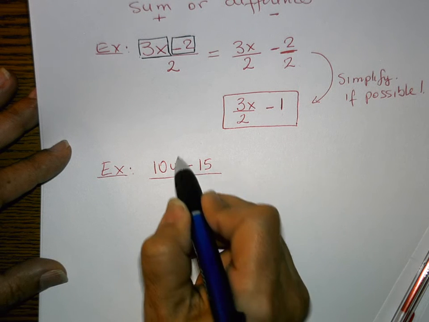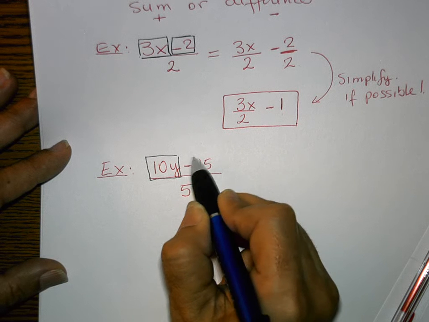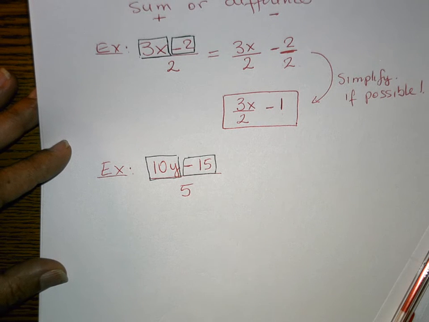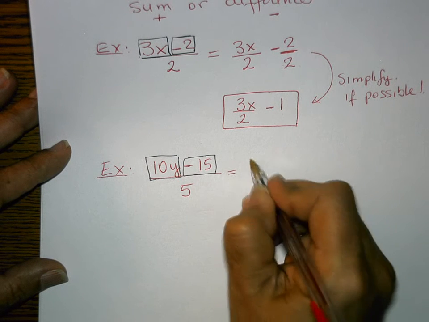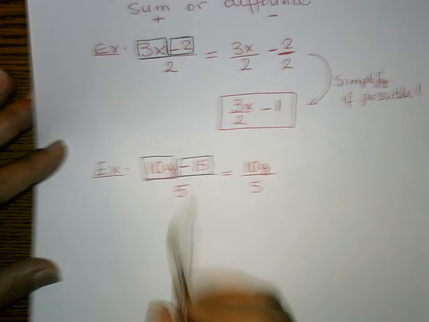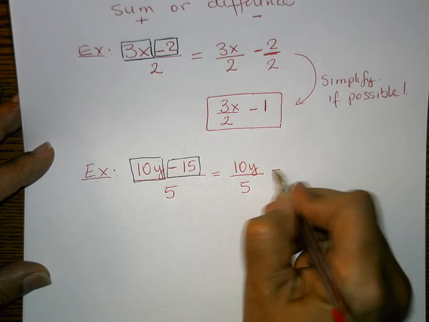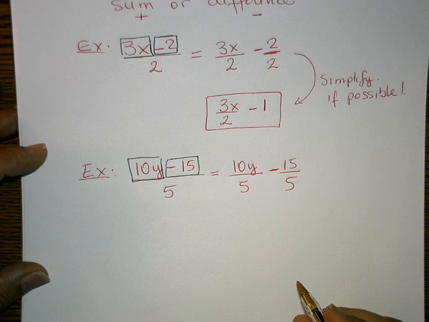I have the 10y and I have the negative 15. The 10y is going to get its own denominator, 10y divided by 5, and the negative 15, minus 15 divided by 5. They each get their own denominator.